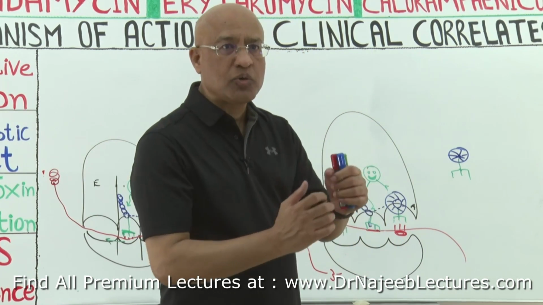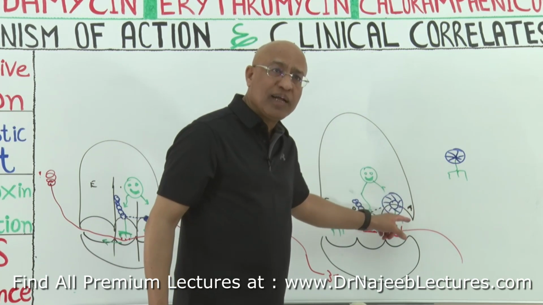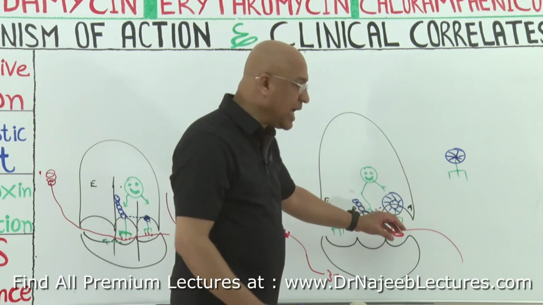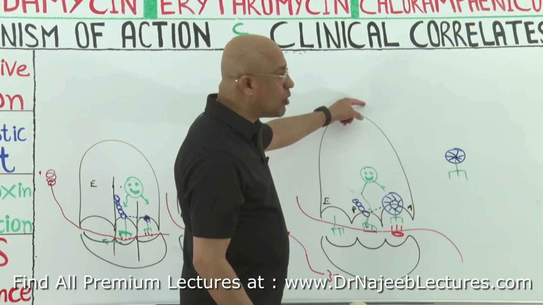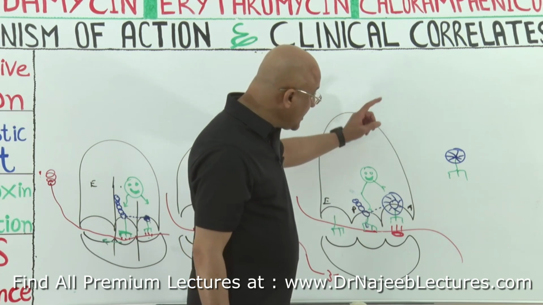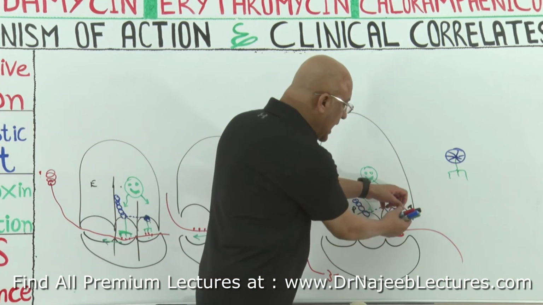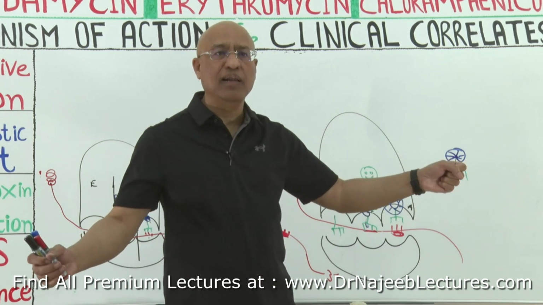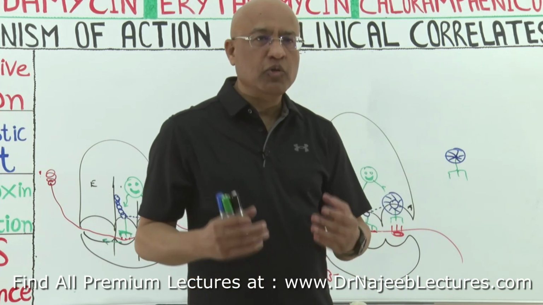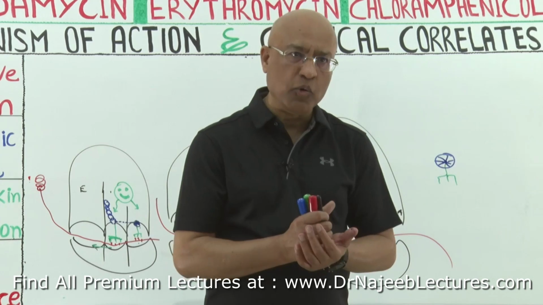When the termination codon comes here, no more transfer RNA comes. Then termination factors come and help the peptide chain go out through the peptide tunnel, and help the ribosomal machinery disassemble. 30S will be separated and 50S will be separated. So this is how protein synthesis and elongation occur.